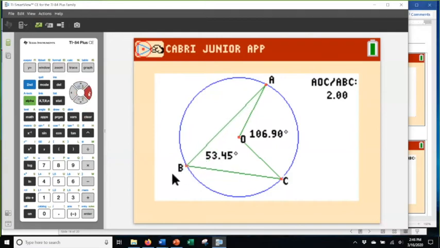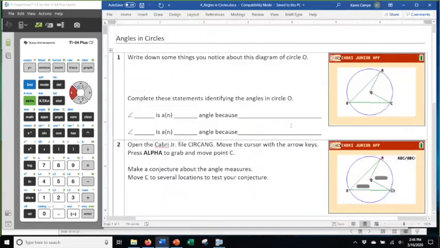If we go back to point C, the angle measures change again. And you'll notice that my ratio, my calculated ratio, doesn't change even though the other features of this diagram are changing. Back to the student worksheet.